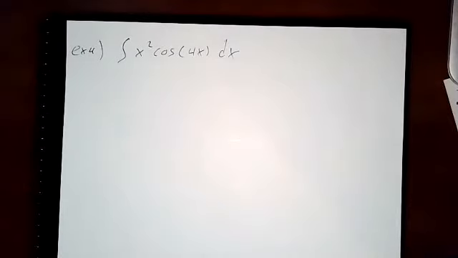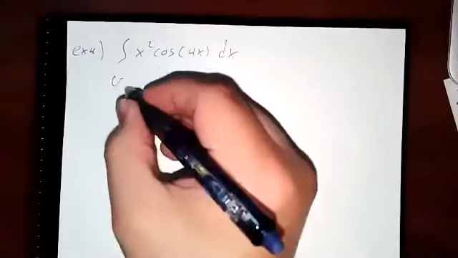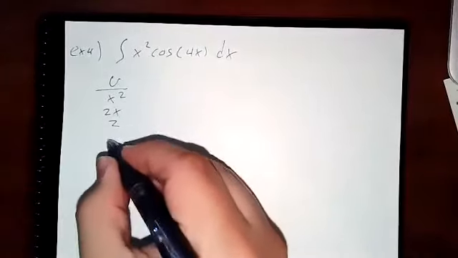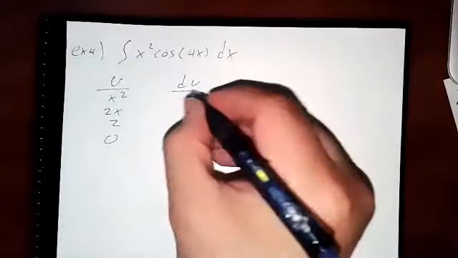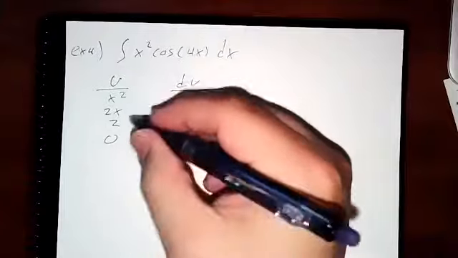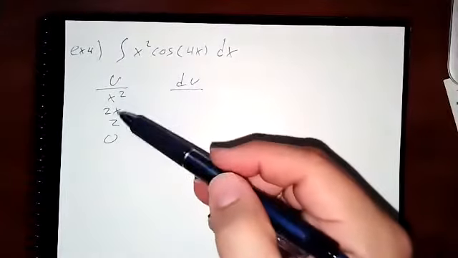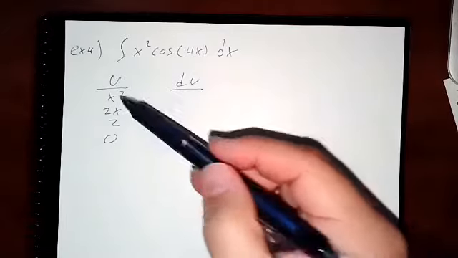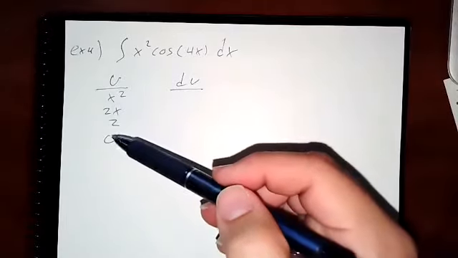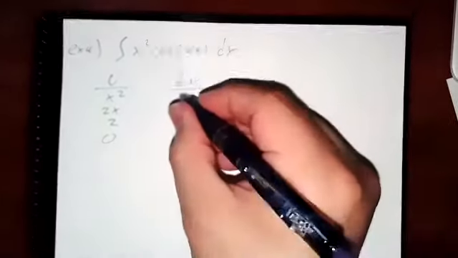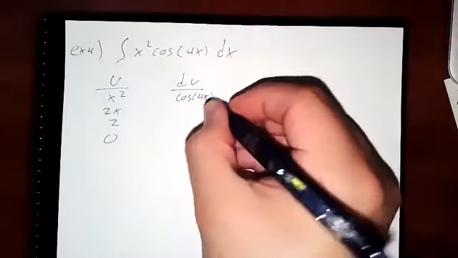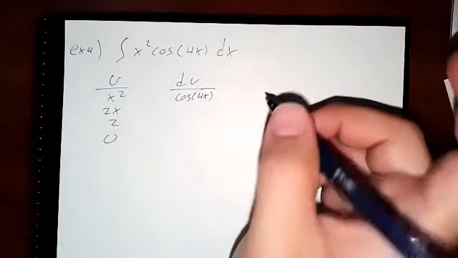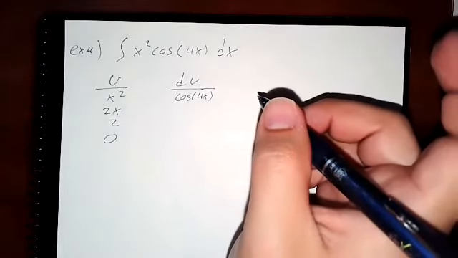I'd do it a couple of times until the x would be gone. You'd have x squared, 2x, 2, 0. So this one would work because this will be gone. If it doesn't go away, you have to be very careful, because it will still work, but it could get a little strange or complicated. But I want to answer your question: yes, it will always work, but there's a case where it's harder to use.